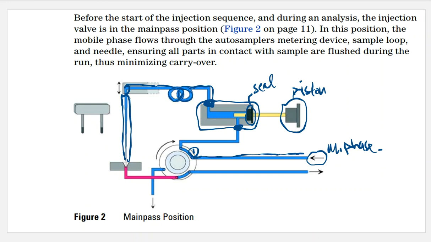And then eventually this sample is going to go into the HPLC system, and we've got to flush everything. So the idea here is, how do we do this? How does the machine do it? And how do we ensure that no cross-contamination or carryover is happening?